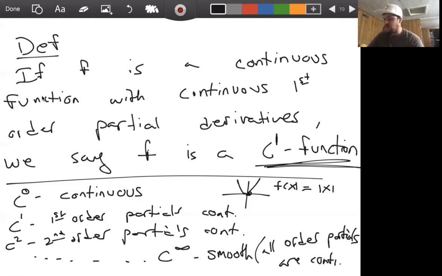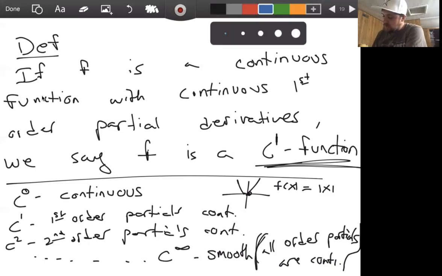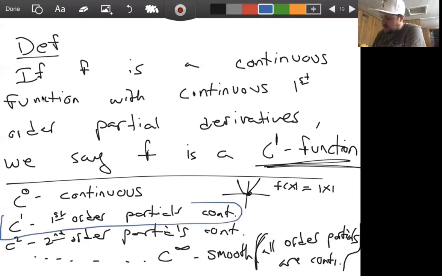So a perfect example of a smooth function is a trig function or e to the x. You can take infinitely many derivatives and the derivatives are always still continuous because exponential functions and sine and cosine are continuous. We call them smooth functions. But for now, we really care about C1 functions.